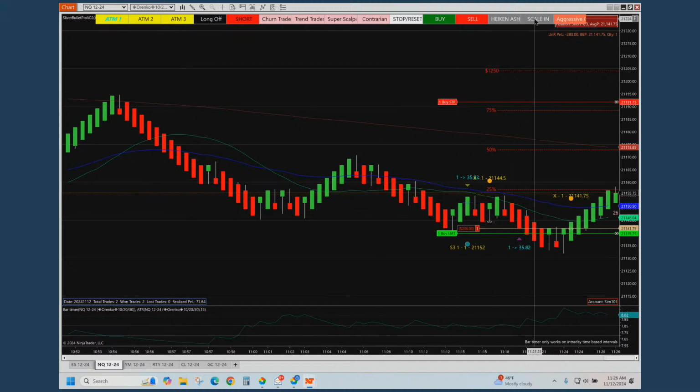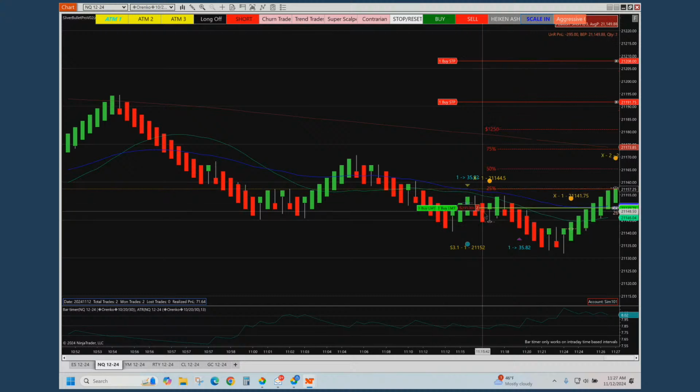So here I'm going to turn scaling on, because there is quite a bit of adverse movement.